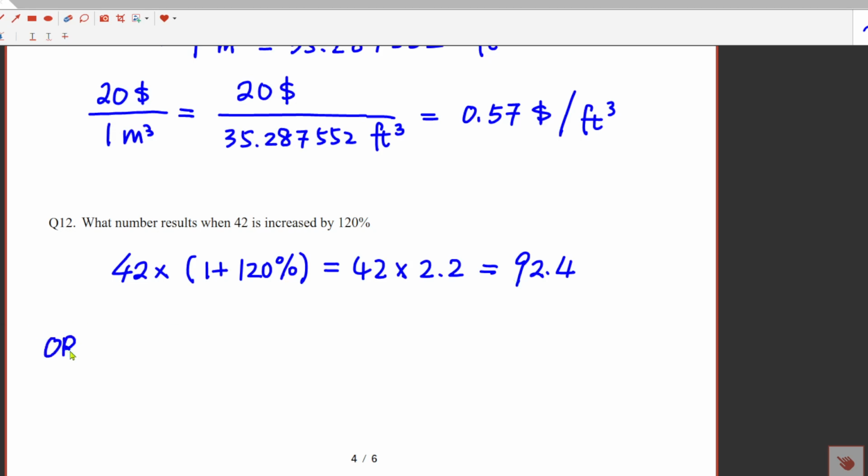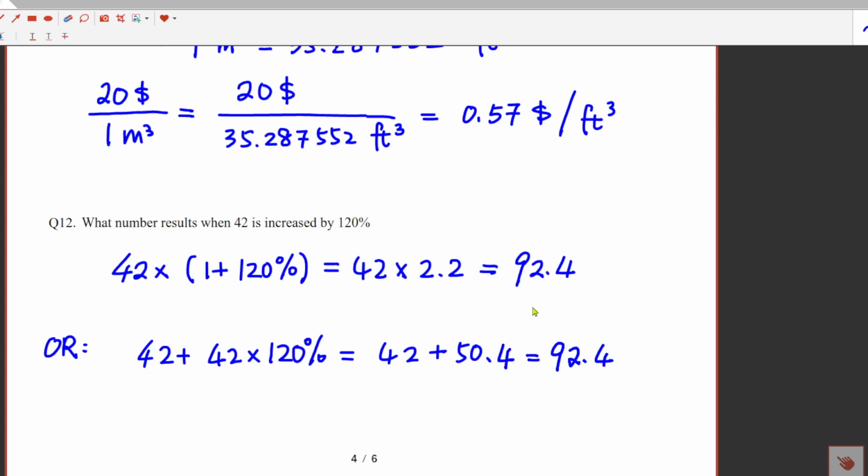Or you could also use increase by 120% means the original number plus the original number times 120%, which is 42 plus 50.4, which is 92.4, right? You could use either method.